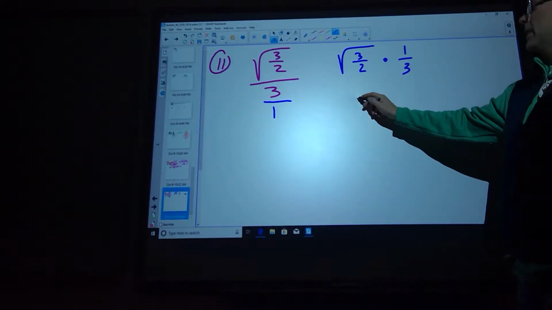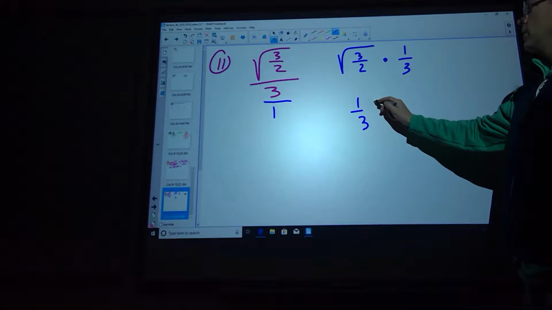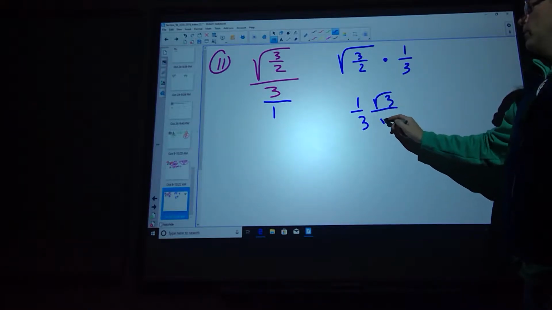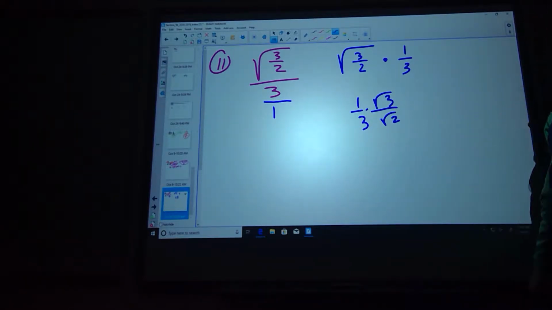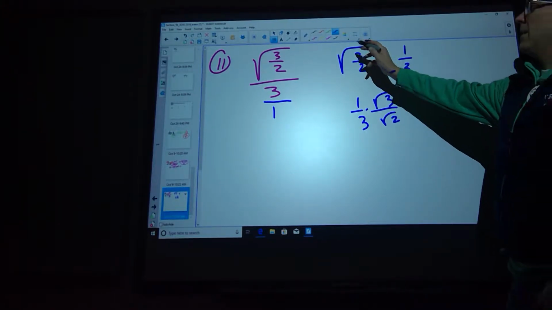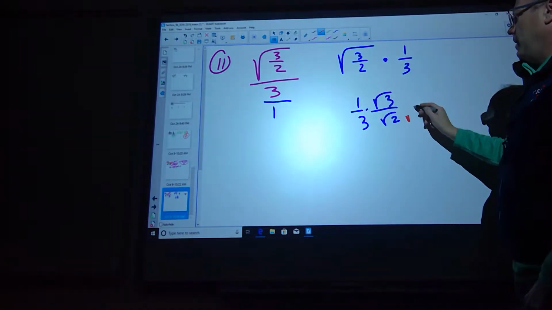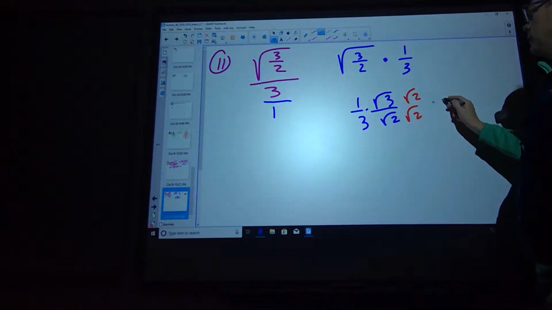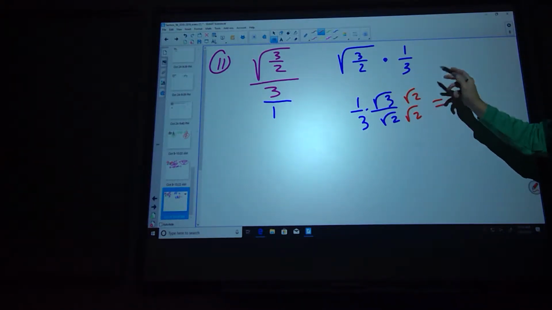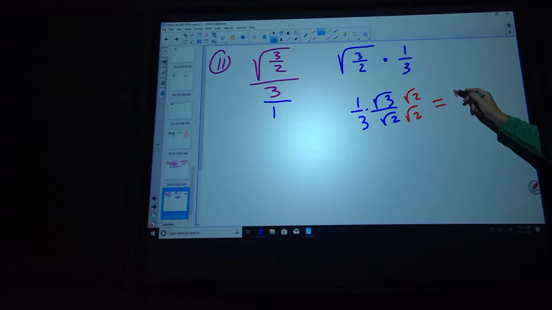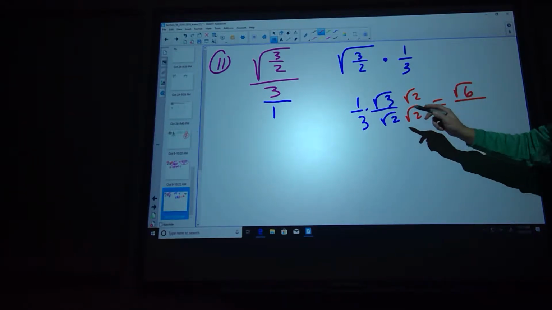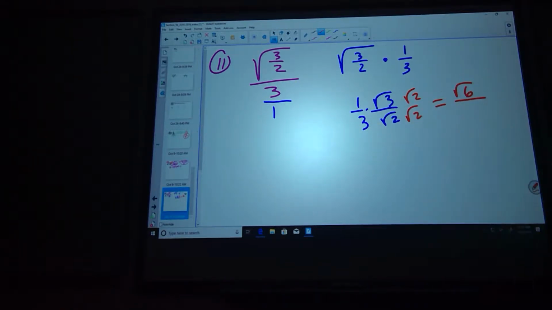So that means I'm going to have 1/3 root 3 over root 2. I can't have that root 2 on the bottom because, you know, someone in math said it was a bad idea. So then I get 1 times root 3 times root 2, which is just going to give me root 6 on top. And then I get 3 times root 2 times root 2. Root 2 times root 2 is root 4. Root 4 is 2. 2 times 3 is 6. I cannot cancel inside outside.